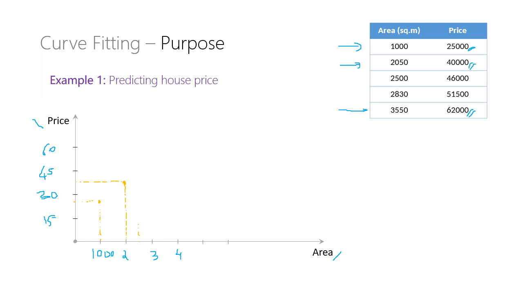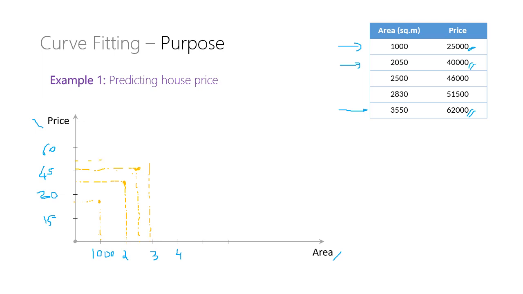So somewhere here in the middle we have 46,000, maybe somewhere here roughly. Then 2,830, very close to 3, and the price was like 51,500.